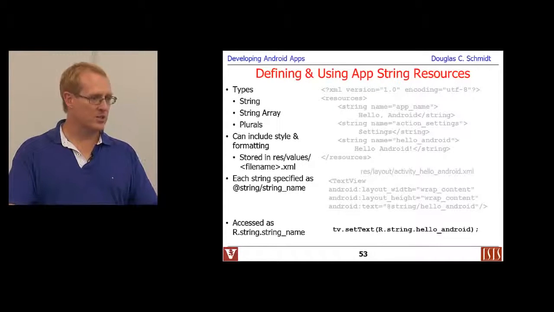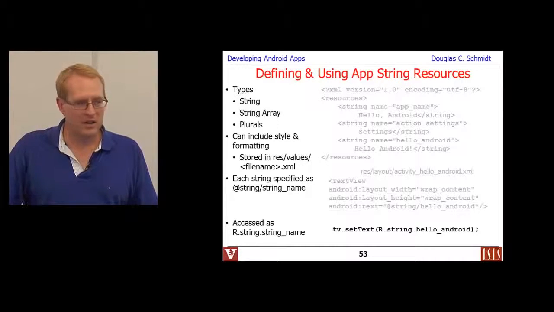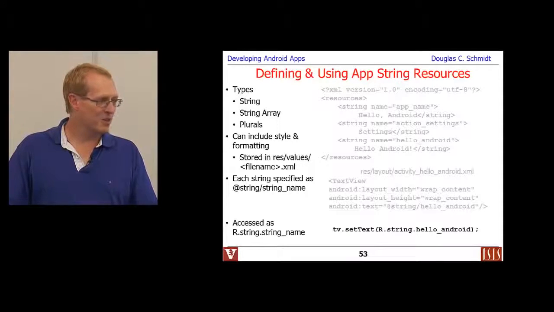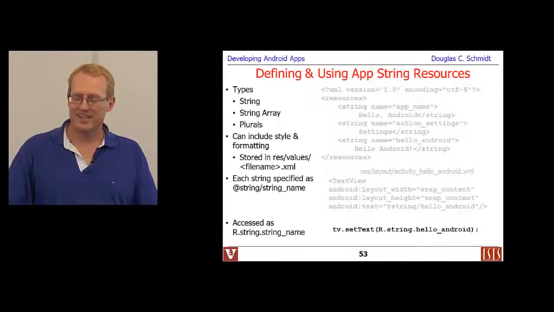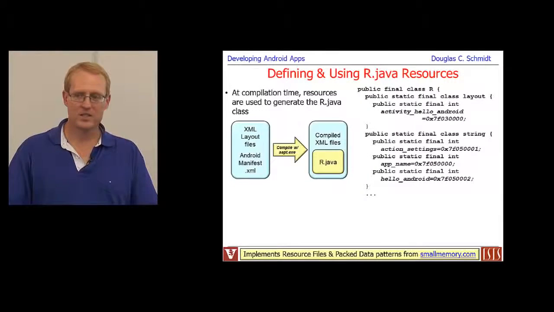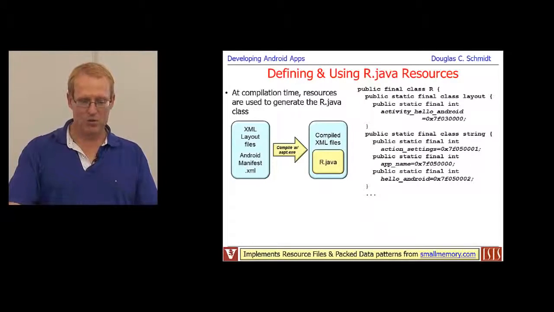Okay, so that's how you get access to strings. The bottom line here is, as a general rule of thumb, unless you're just doing quick and dirty debugging and it's too frustrating to keep track of all this indirection, use the strings file under the values subfolder in the resources directory rather than hard coding the strings into your application. It's okay for simple things, but as a general rule, try to use this.